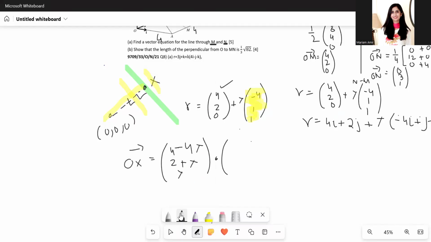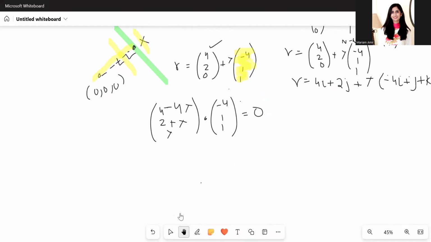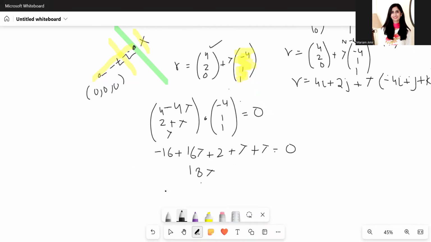So the dot product of (4 minus 4 lambda, 2 plus lambda, lambda) and (minus 4, 1, 1) equals 0. Let's multiply them together: minus 16 plus 16 lambda plus 2 plus lambda equals 0. We're getting 18 lambda equals 14, so lambda equals 7 by 9. Now we need the length OX.